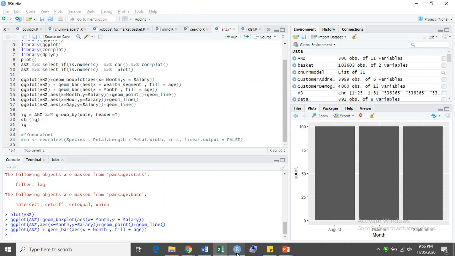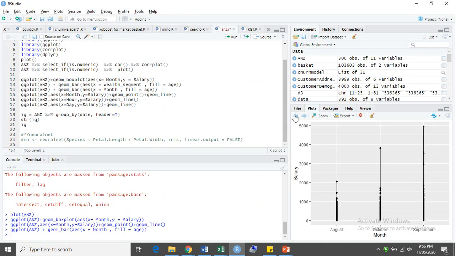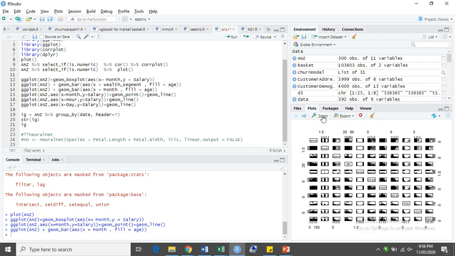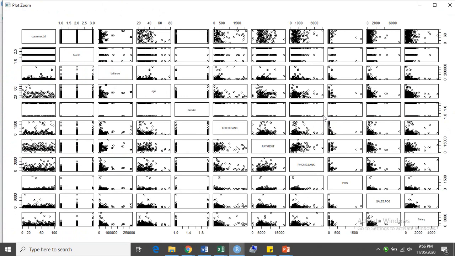Let's have a look at how this data looks. This is how our processed data looks in terms of graphical representation.